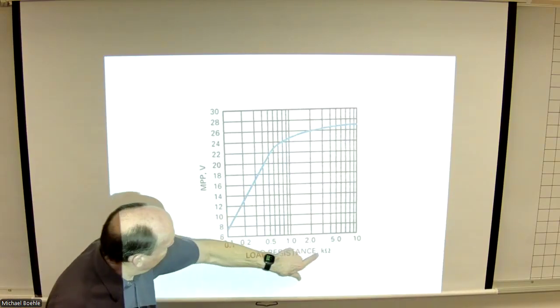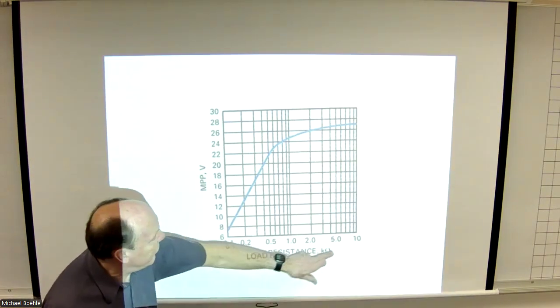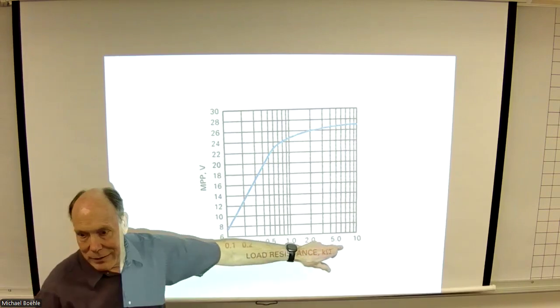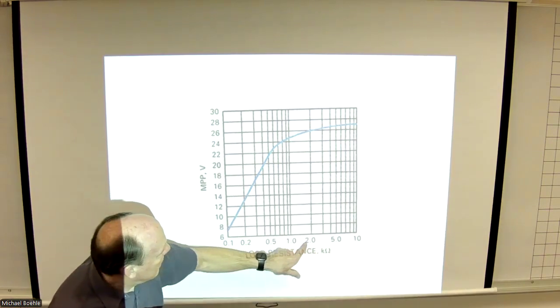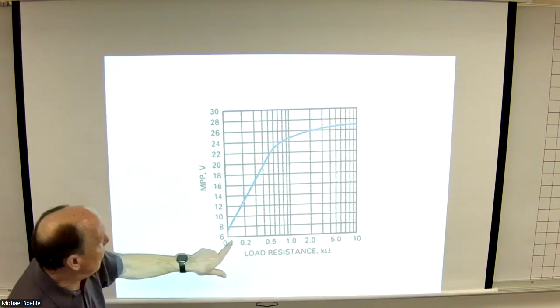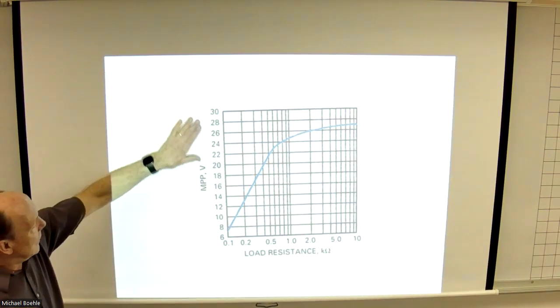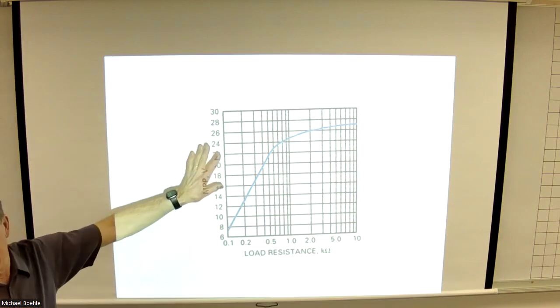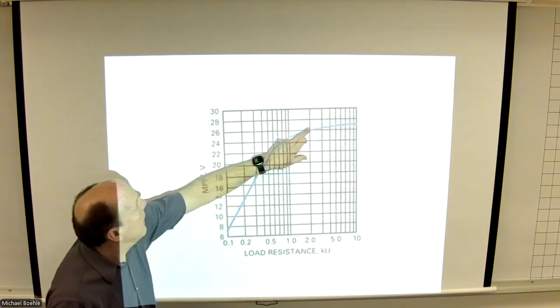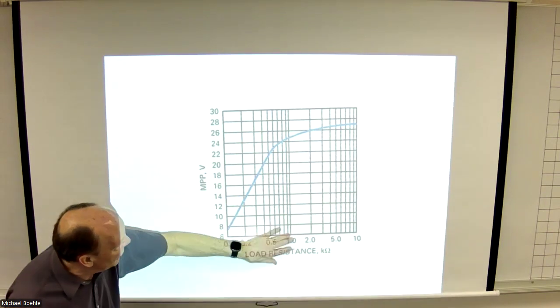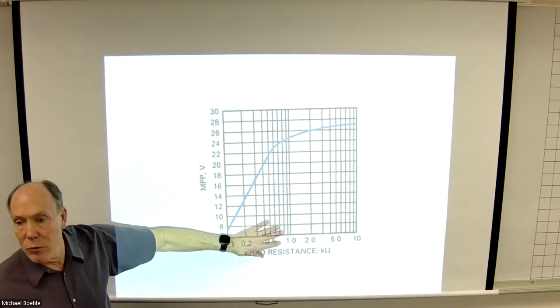And as that load resistance drops, and notice this is a nonlinear scale here, right? This goes from 10 to 1 to 0.1. It's a log scale, so don't worry about the graph too much. But we can see that we still can get quite a bit of output voltage, even down to a few hundred ohms of resistance.